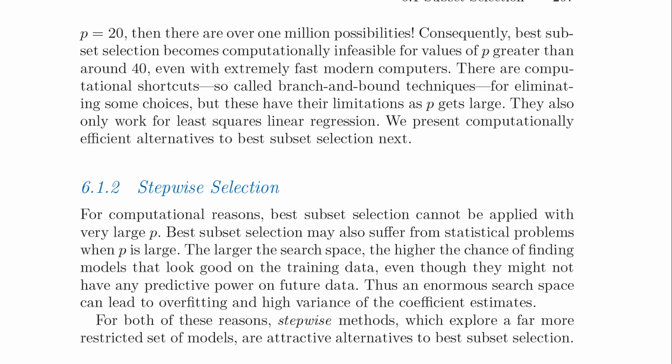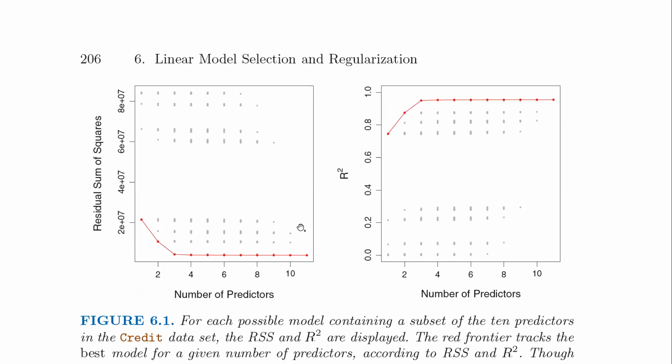There are computational shortcuts, so-called branch and bound techniques for eliminating some choices, but these have their limitations as p gets large. They also only work for least squares linear regression. We present computationally efficient alternatives to best subset selection next.